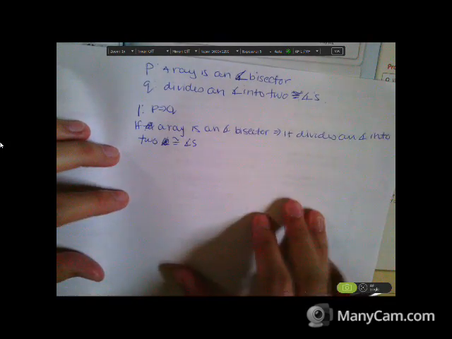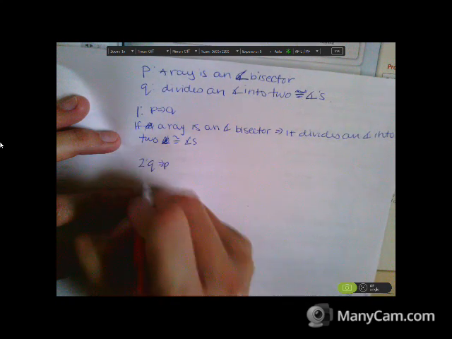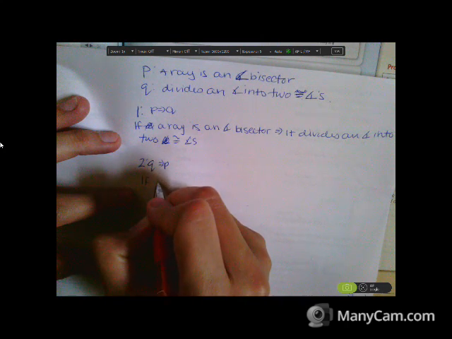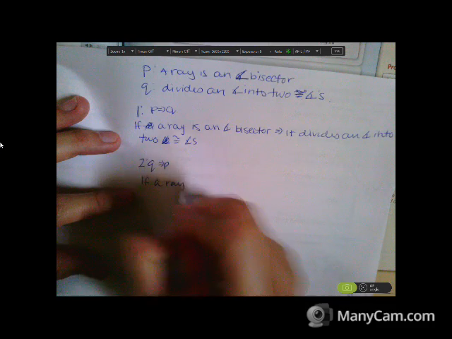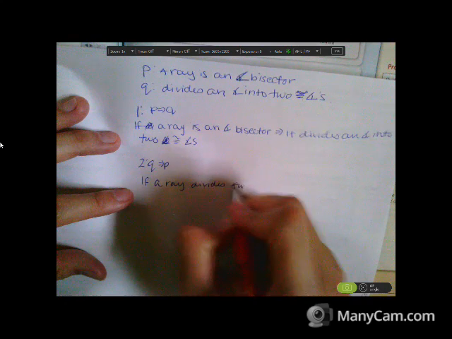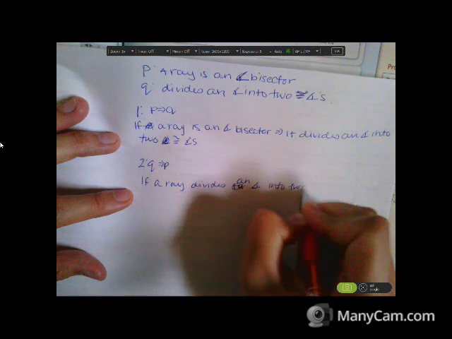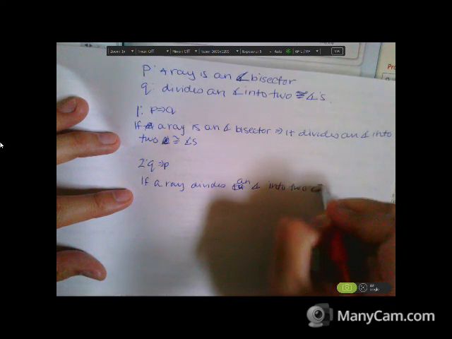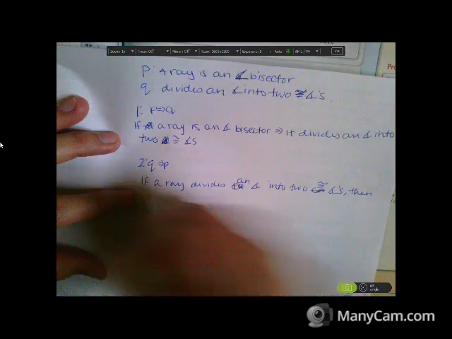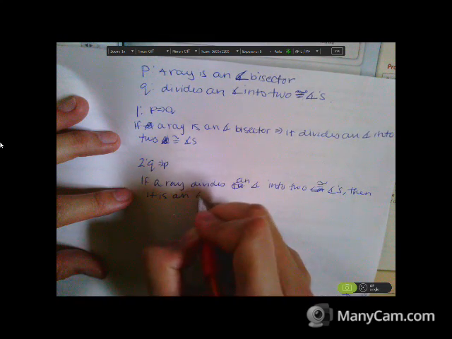There we go. Alright. So now the second one is going to be Q, then P. If a ray divides an angle into two congruent angles, then it is an angle bisector.